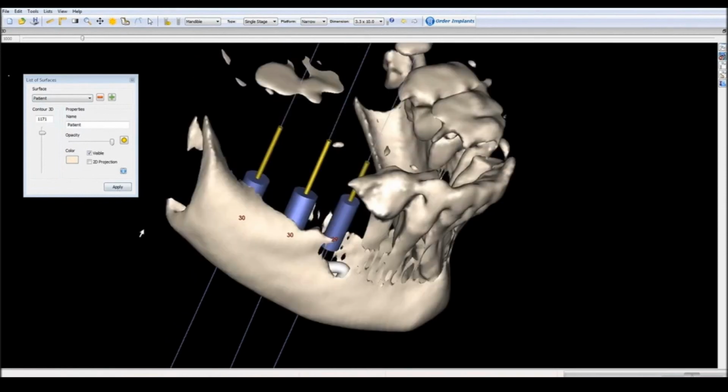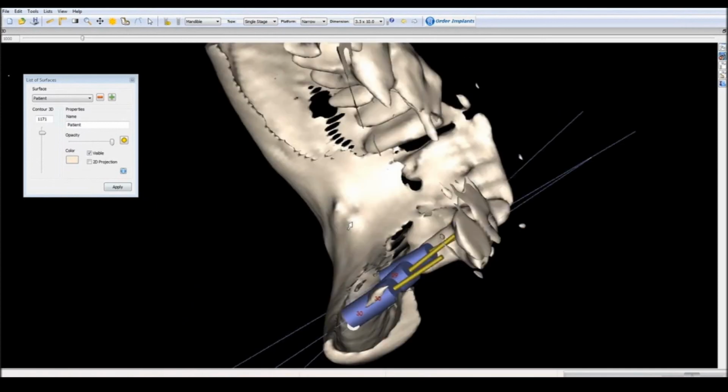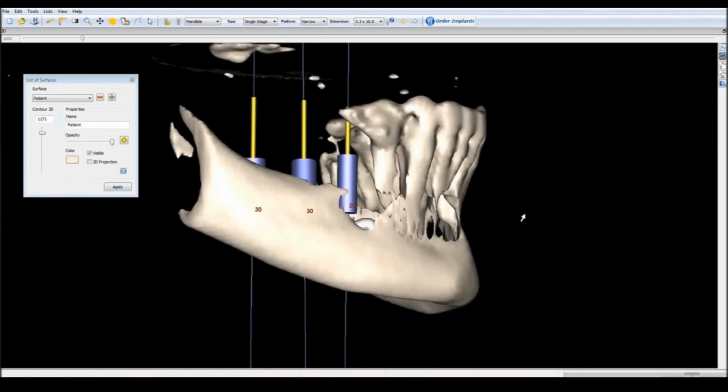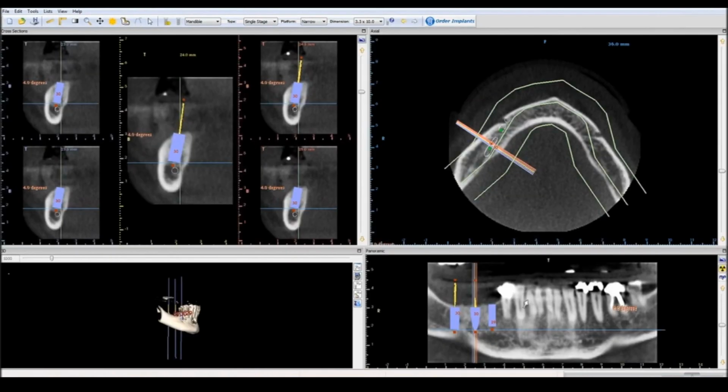So what I'm showing here is I'm confirming the relationship between, I don't mean to make you dizzy, between this implant and this root. So now, looking at this, I'm convinced that this is a very nice relationship and the distance is appropriate. So, in essence, now we have a plan. This plan would be saved and then submitted to have a guide made.